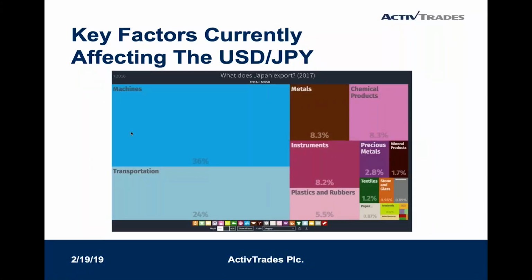What did Japan export in 2017 mainly to the rest of the world? Mainly machines and transportation. So you have to keep your eye on those in the news, especially for us Brits at the moment, and maybe America as well. I think there's just news recently about cars and things like that in America, but mainly in Britain.